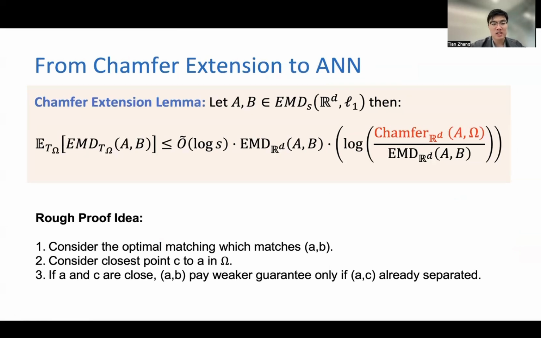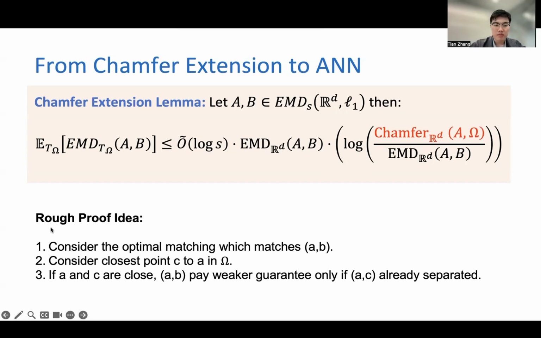And then based on that definition, we can achieve this chamfer extension lemma, which says what's the expected EMD distance between two points A and B. Well, this log S factor is what we have to pay, and beyond that, the distortion depends on how close the EMD point is to the subsample omega.